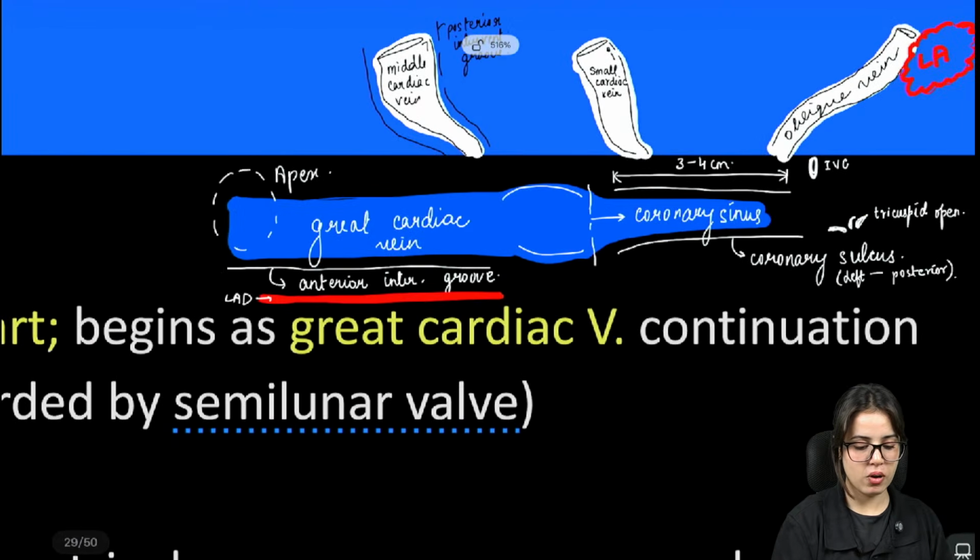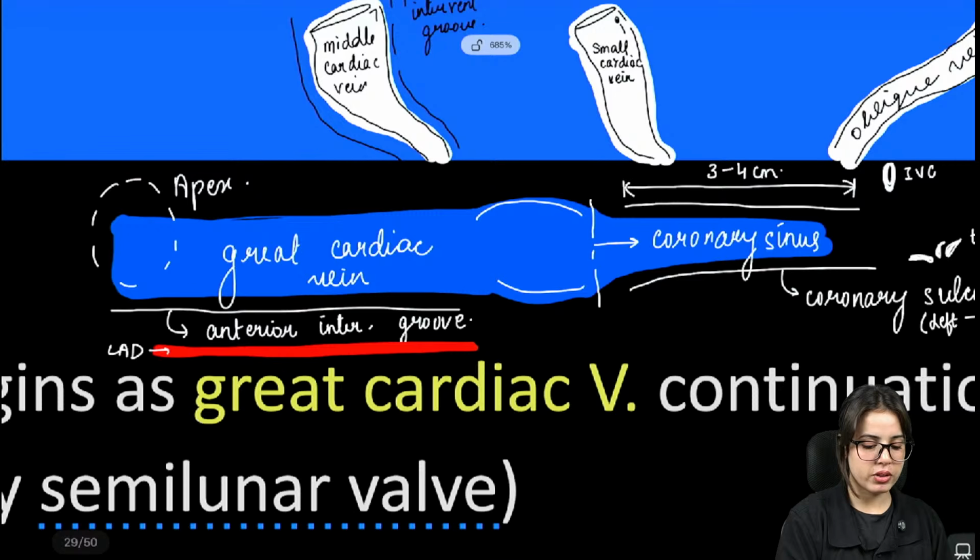How is it formed? It's formed from the great cardiac vein. It also bulges posteriorly and gives rise to the coronary sinus.